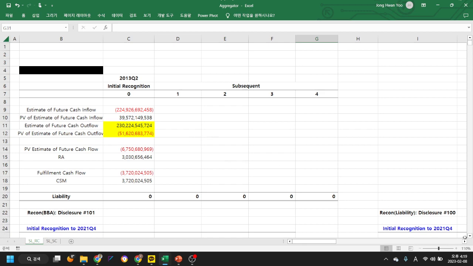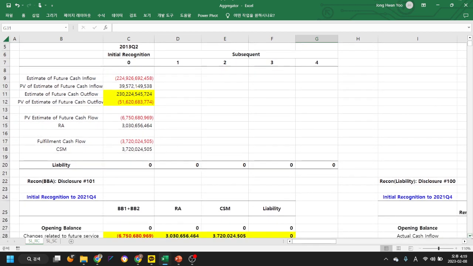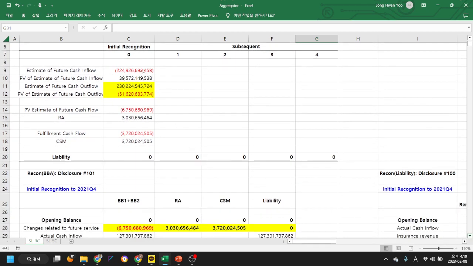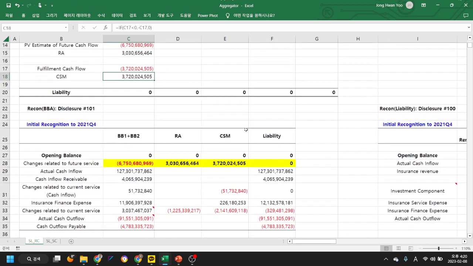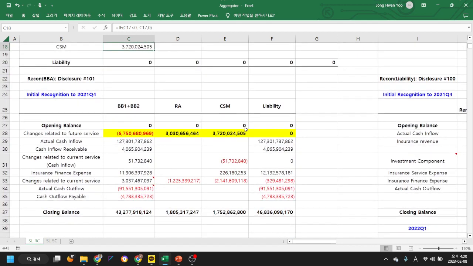So I take the number from that one, and you can see all the different pieces and the same CSM. That one is in the exhibit in disclosure number 101, and it is this one: changes related to future service.